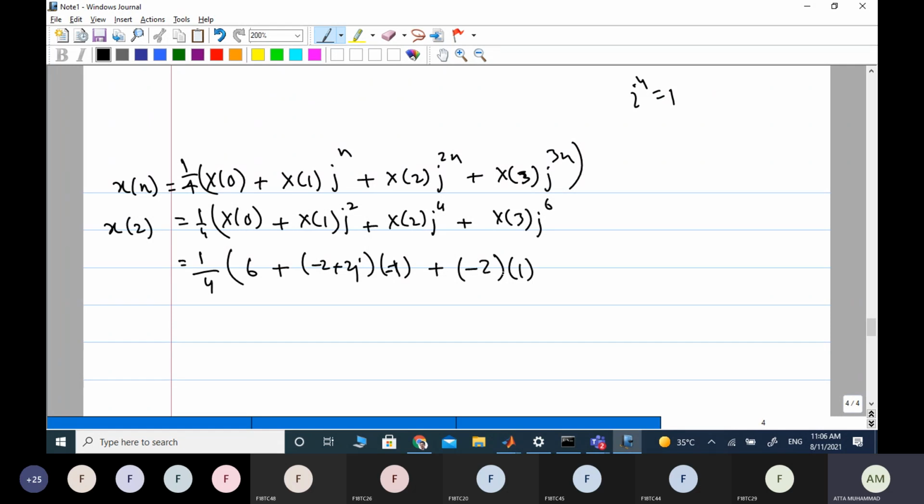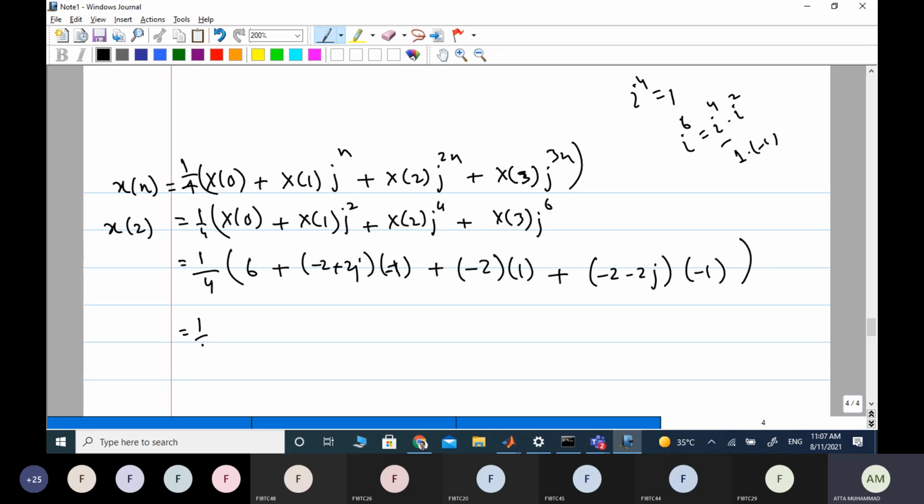Plus x of 3 is -2 -2j and j power 6. Now you can see, can I write iota power 6 is equal to iota power 4 times iota square, right? So we know this is equal to 1, and j square is -1, right? I hope you get it. Okay, so let's see.